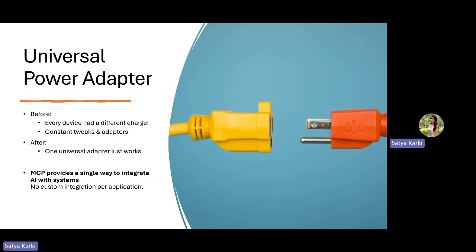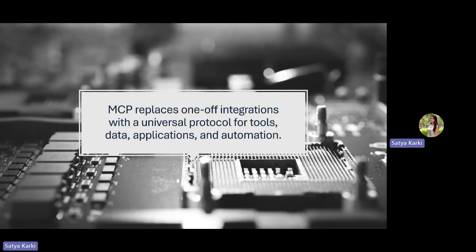So we can just do the integration with the backend or the APIs or the databases in one application. That's the MCP, Model Context Protocol, and we can use it in all the other AI applications. So MCP replaces one-off integrations with a universal protocol for tools, data, applications, and automation.